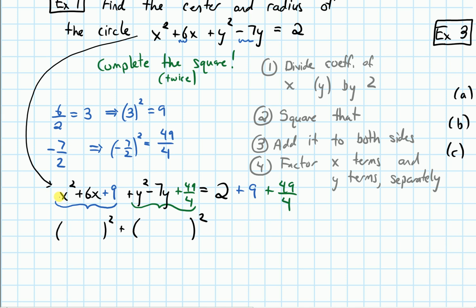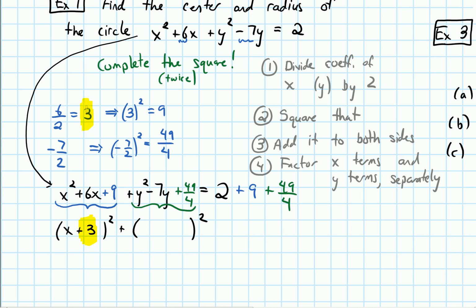So x squared plus 6x plus 9, that's not too bad. That's just x plus 3, squared. One thing to notice is that the number in the parentheses when I factor is the same as what we got when we took the coefficient, the 6, and divided it by 2.